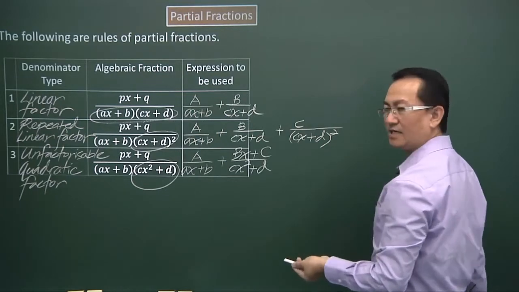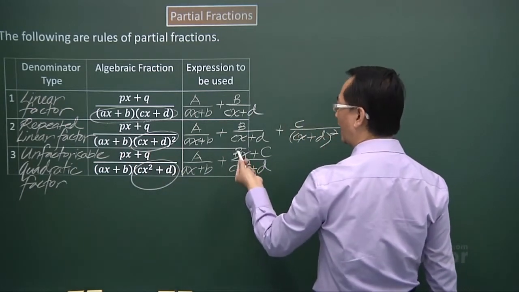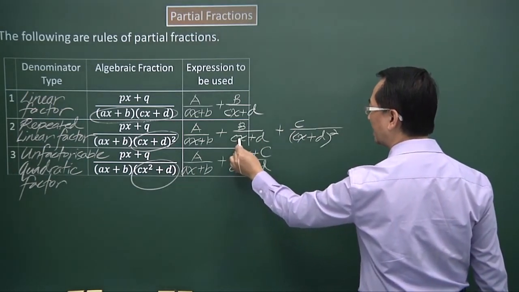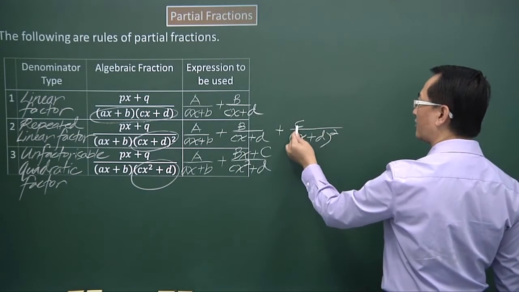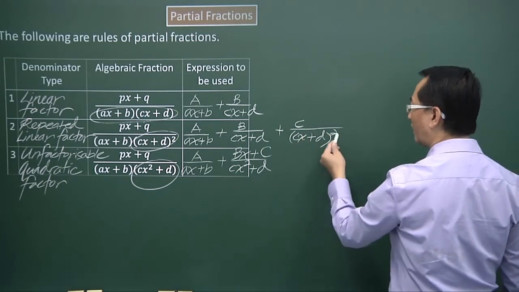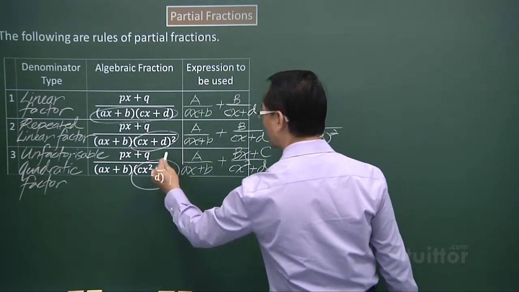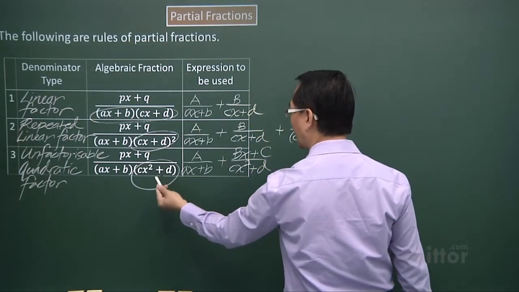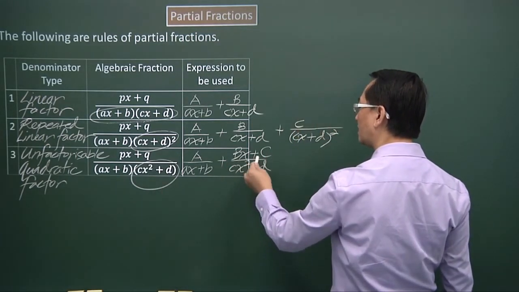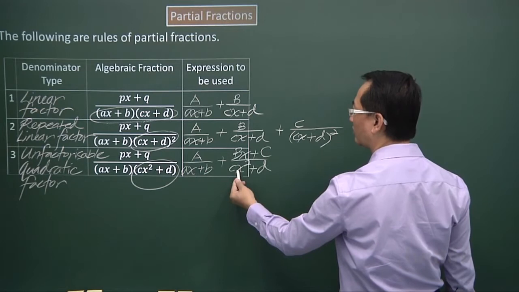For repeated linear factor, I will make use of a constant over the linear factor cx plus d, then the second constant C over the linear factor squared. That is for repeated linear factor. And the third one, more importantly for the unfactorizable quadratic factor, I would have a linear expression on top over the quadratic unfactorizable factor.